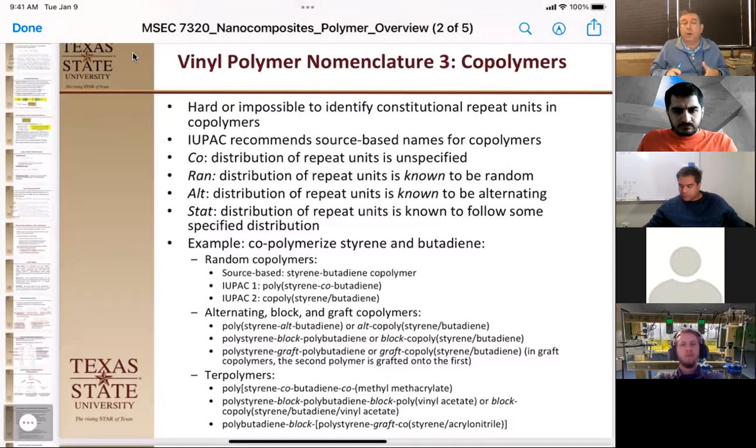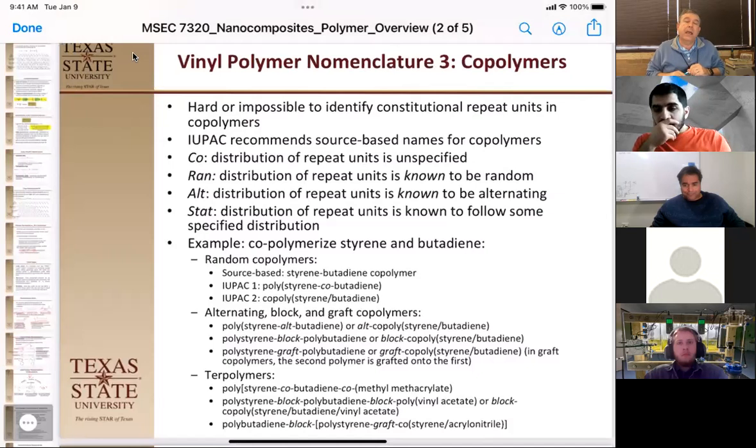And if you know that one has reactivity over the other, you might be able to say, I know it's exactly alternating: monomer 1, monomer 2, monomer 1, monomer 2. If you know it's actually alternating, and you can tell by different reactivities, et cetera, then you can say alternating right there. And if you have a statistical distribution, say 35% butadiene and 15% styrene, you can call it a statistical distribution of those 2 monomers, okay?